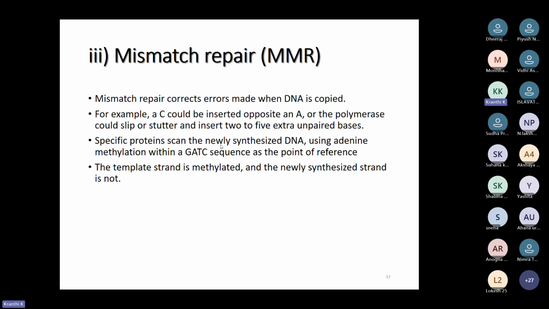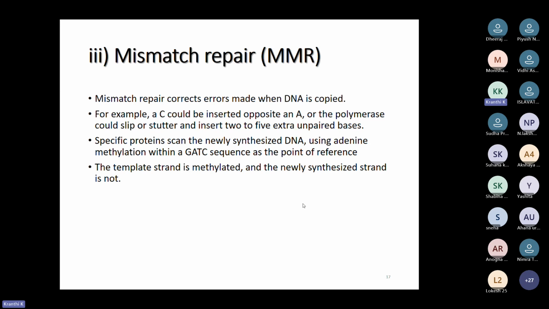It will check the newly synthesized DNA whether the replicated DNA is exactly the replica of the old one or not, right? Then using adenine methylation within a GATC sequence as the point of reference, the template strand is methylated and the newly synthesized strand is not. Got it?